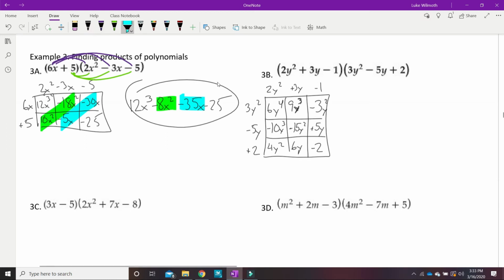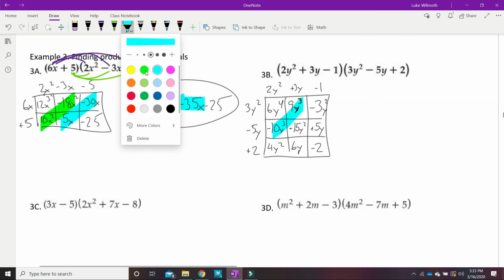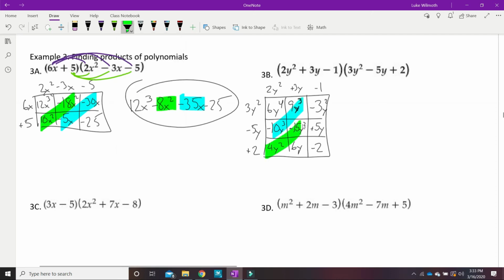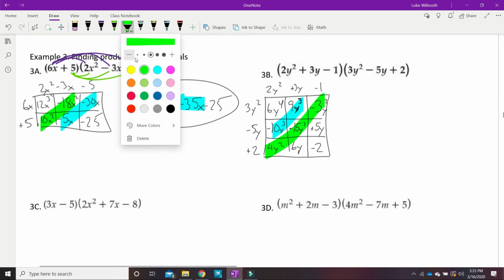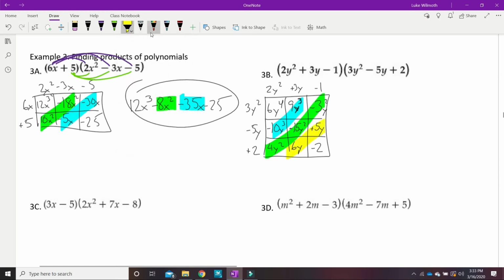I'm going to look at my diagonals again to make this problem a little bit simpler. Or not simpler, just like, since these are all cubes, these are all squareds, and these are all just regular old y's, my answer is going to have 1, 2, 3, 4, 5 terms in it.